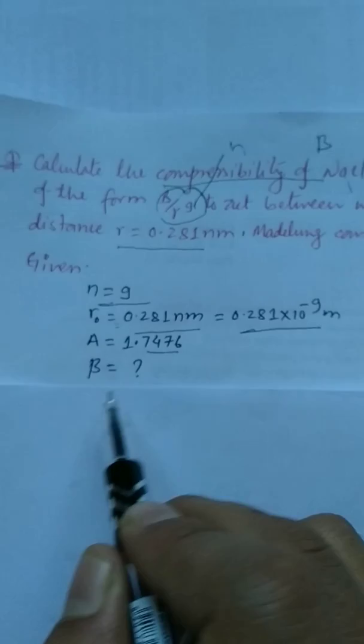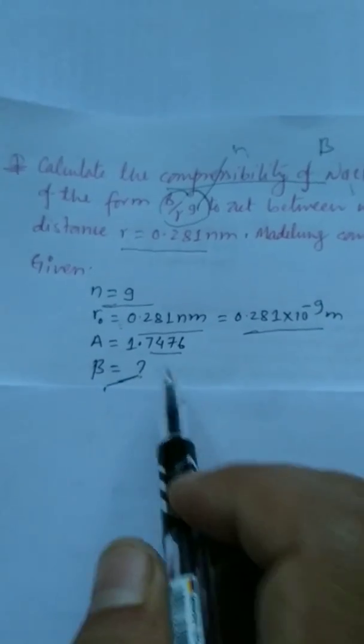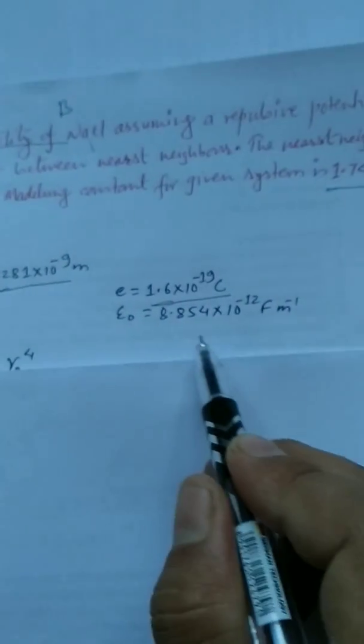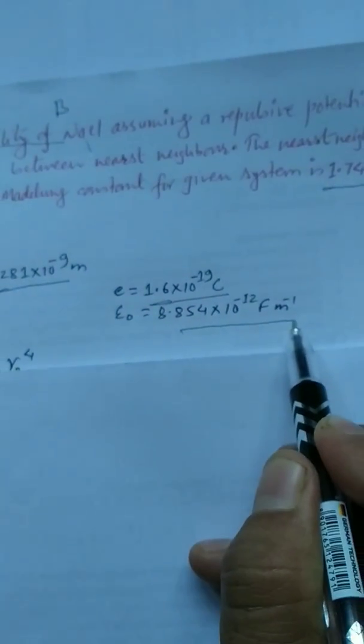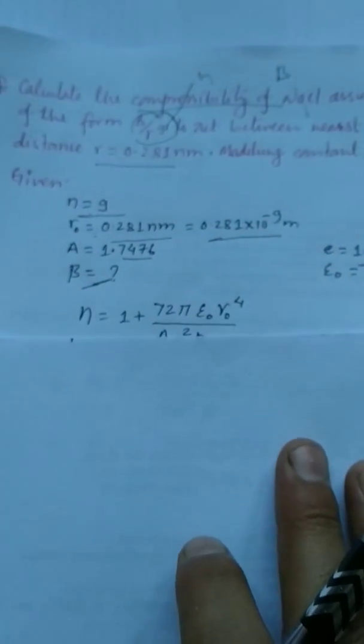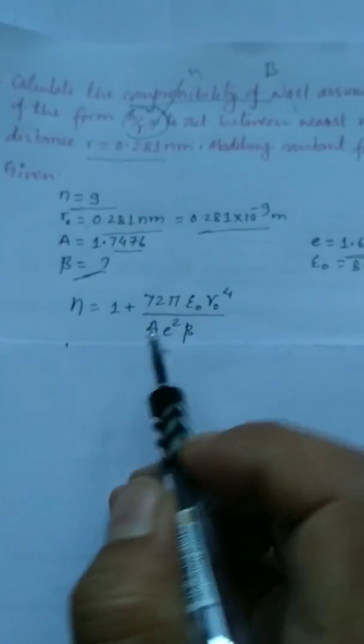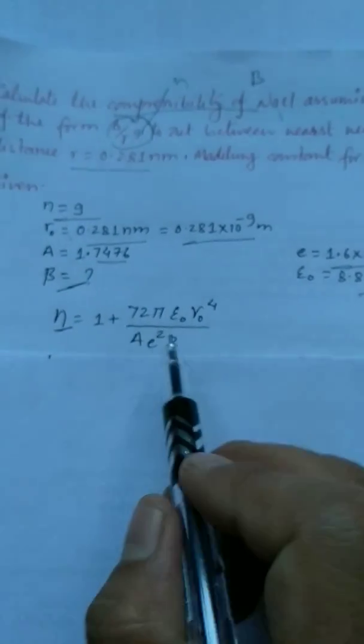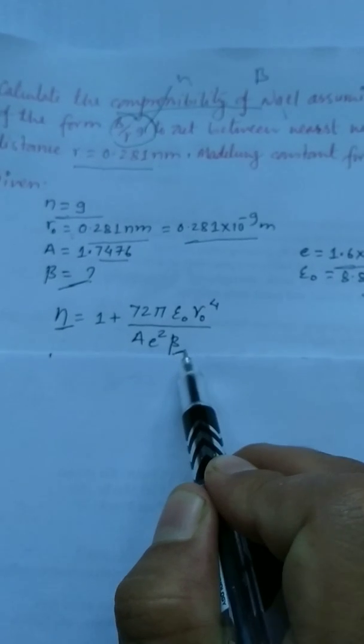For calculation of this Born exponent, we have to know the value of e, that is charge of electron, it is given here, and the permittivity of the system, it is given here, and by substituting this value in the equation, this is the equation where this is Born exponent and this is compressibility factor.